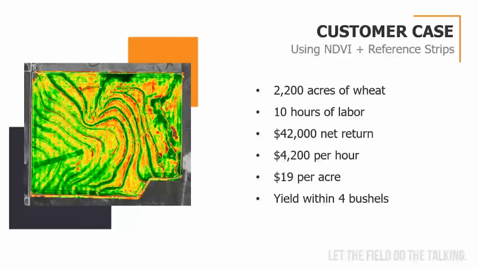It took me longer to unload, load, and drive to the next field than it did to apply these reference strips, and I even mapped them out while I was there. It doesn't take a whole lot of time to get these reference strips out and collect the GreenSeeker data. And like I mentioned, we're going to work with you to figure out the best way to do that. The dollars per acre it takes to use our methods shows to be worth the time.